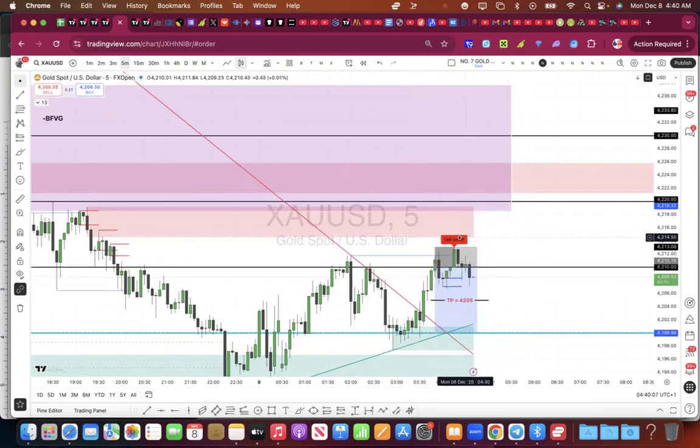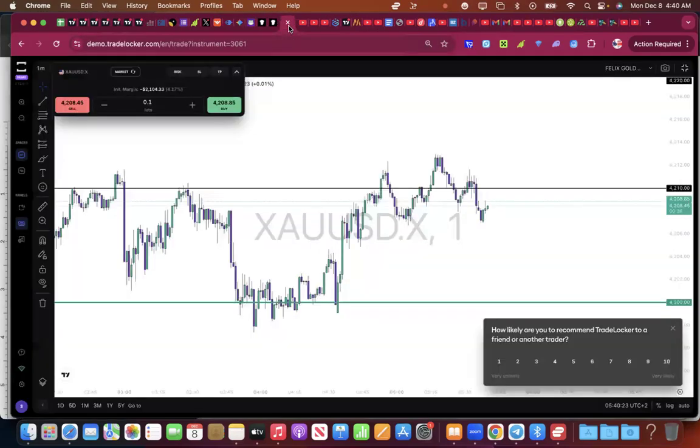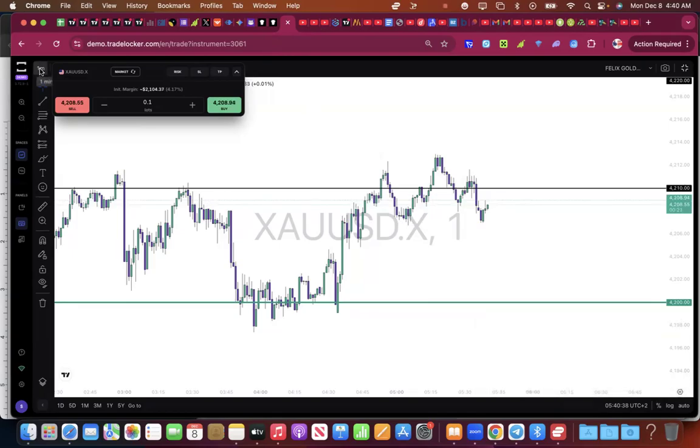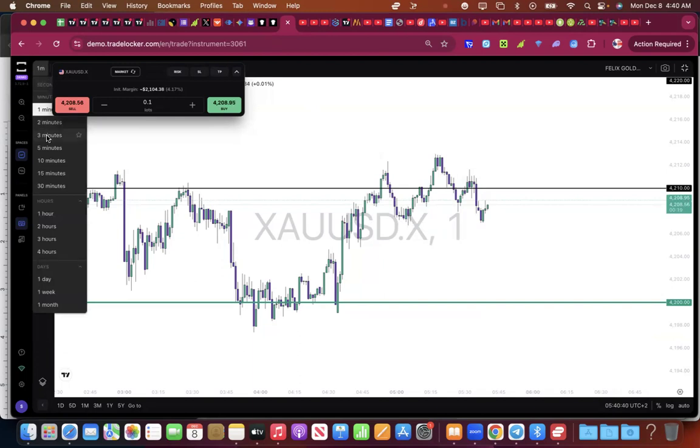But I was trying to put in the next psychological level, because that should be resistance, which is supposed to be 4215, something like that. But I'm sure it must have been stopped out by now. Oh yeah, it has been stopped out, because it was supposed to target the next psychological level, 4215.